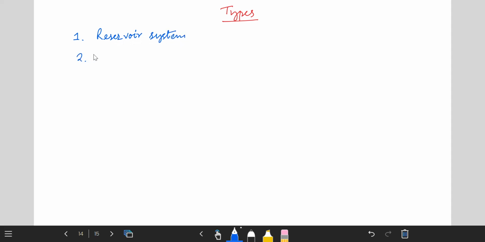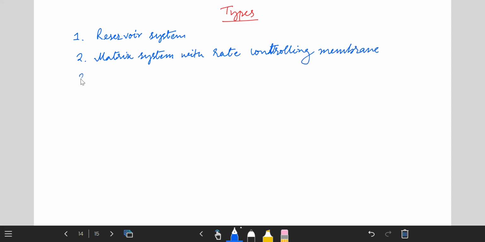Second one is matrix system with rate controlling membrane. And the last one is matrix system without rate controlling membrane. Okay.